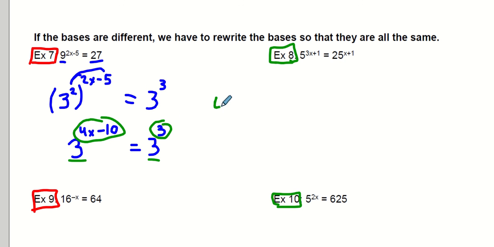So 4x minus 10 equals 3. And then I solve that equation. I would add 10 to both sides and get 4x equals 13.